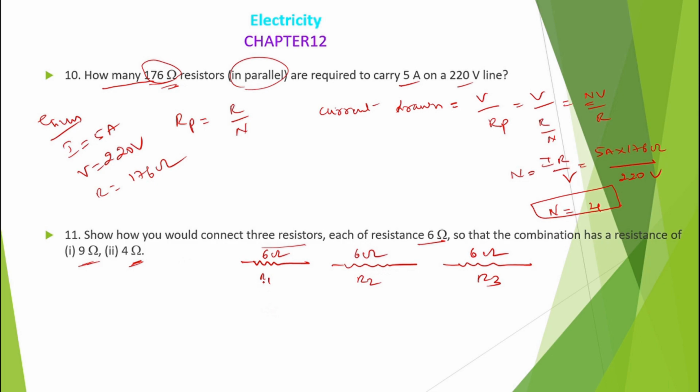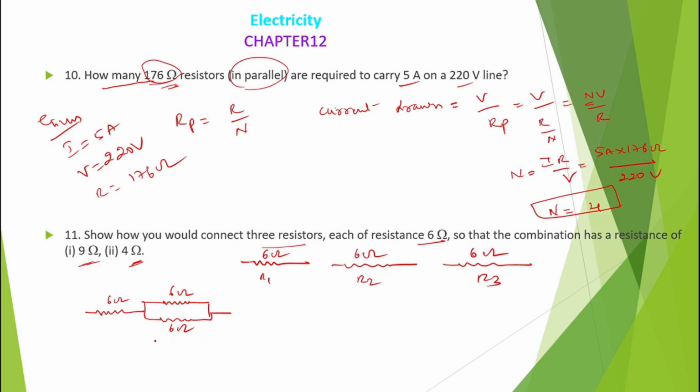So now I will try one in series, 6 ohm. Next, two in parallel I will try. This is also 6 ohm, this is also 6 ohm.